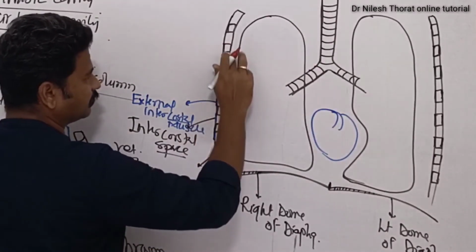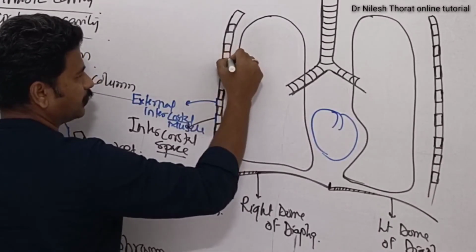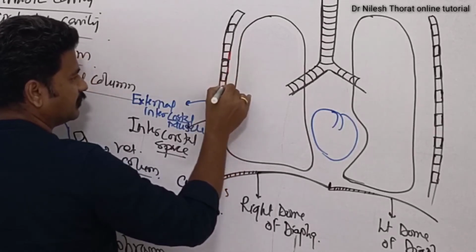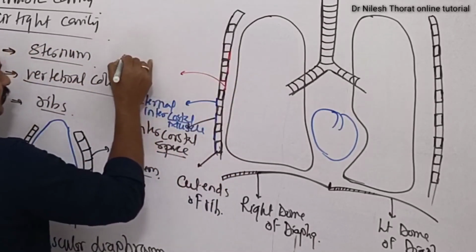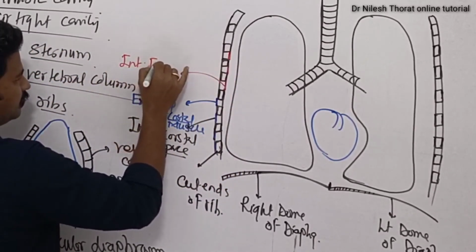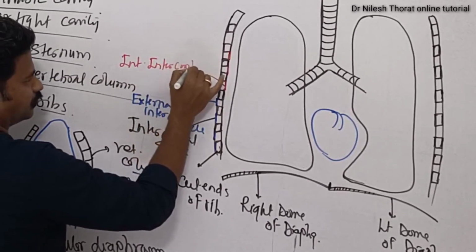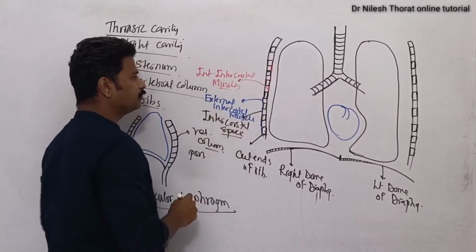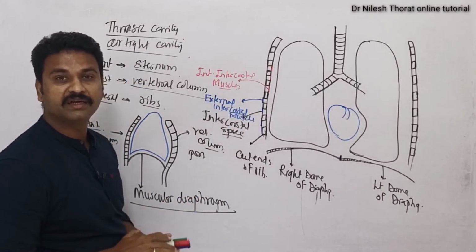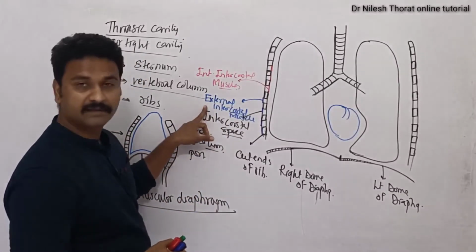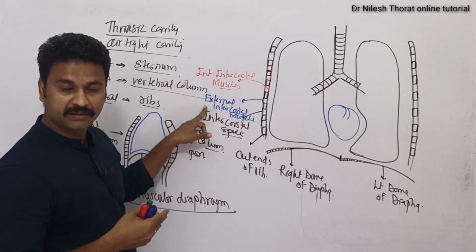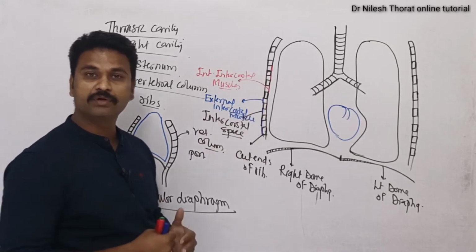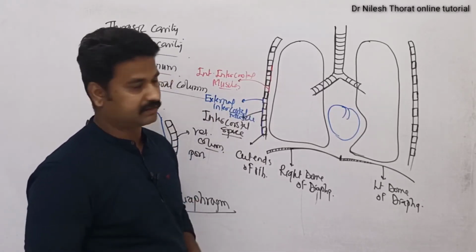So the muscle which connects the two ribs from the internal side is called the internal intercostal muscle. So the ribs are held in position with the help of two main muscles: the external intercostal muscle which holds the ribs from the external side, and the internal intercostal muscle which holds the rib in position from the internal side.